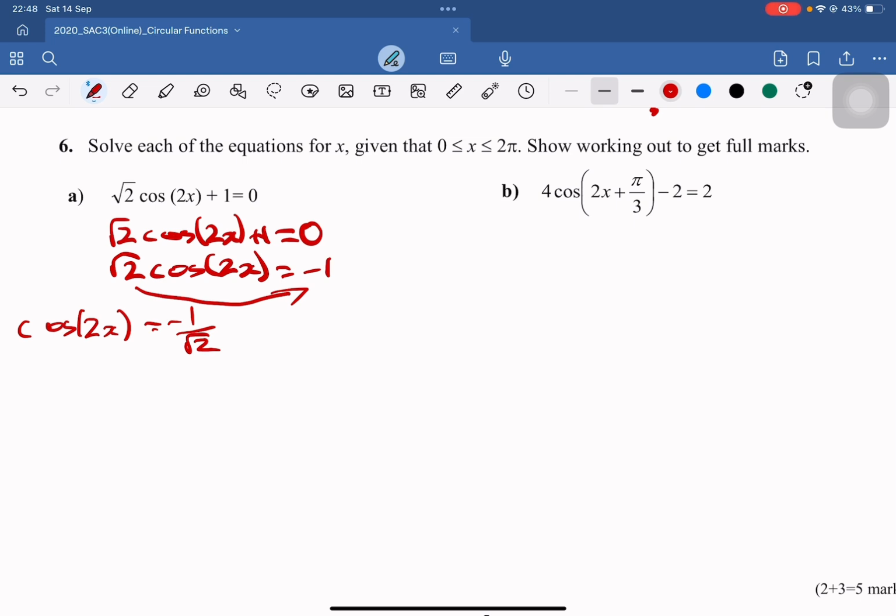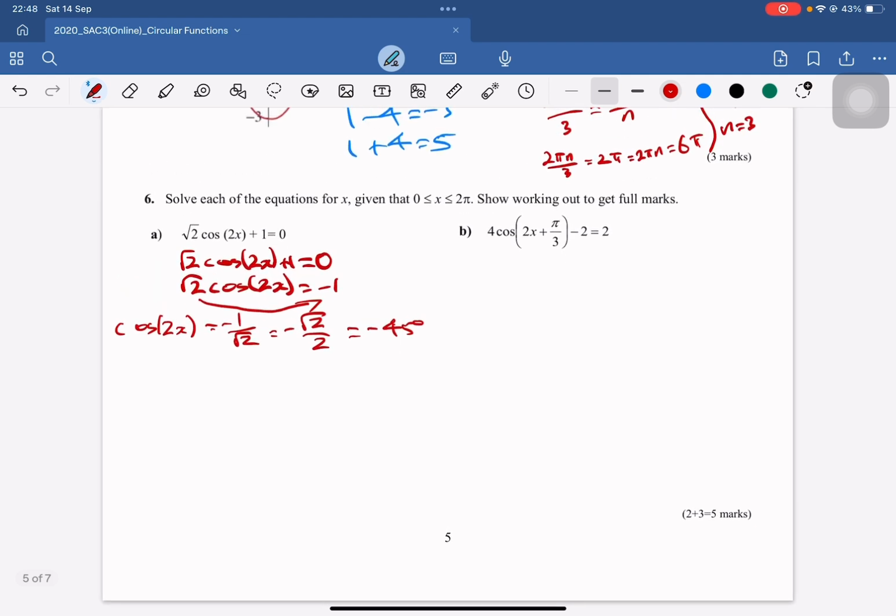And we all know that is just this before rationalizing and this is negative 45 degrees. So if we draw that on a circle, where on the unit circle, which quadrant is cos negative in?